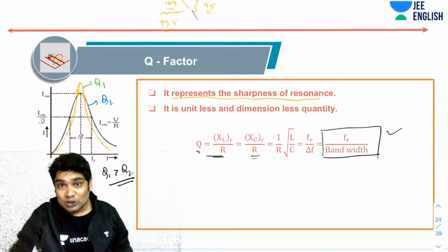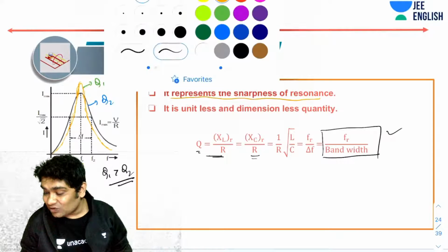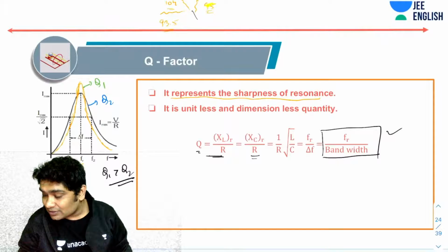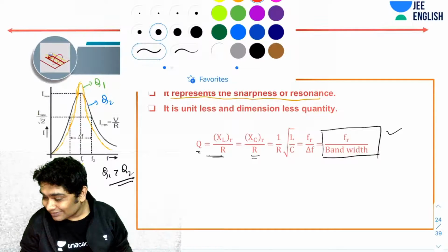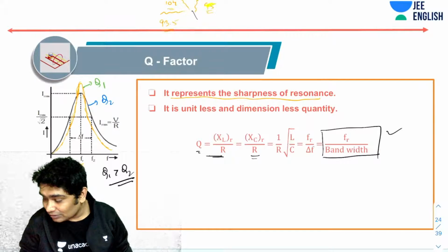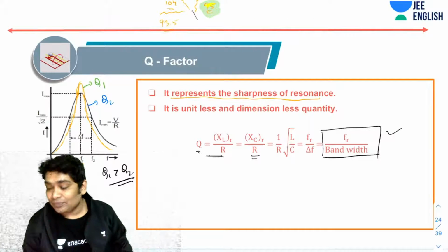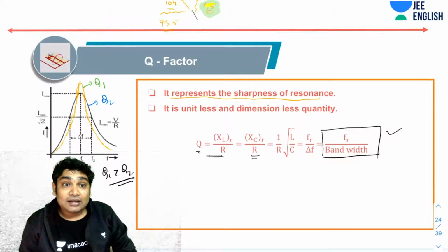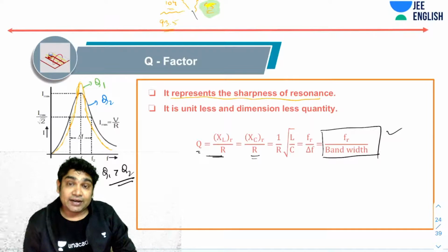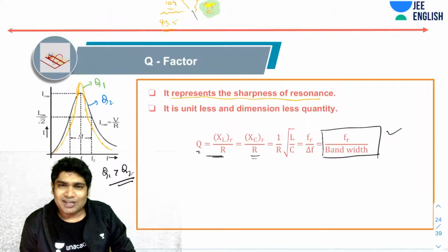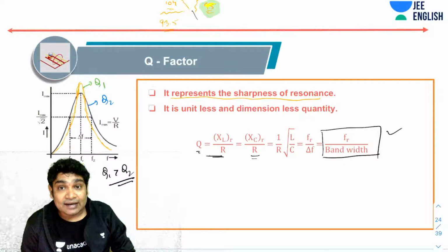Suppose my circuit is in resonance with this frequency. If I adjust my resonant frequency to, let's say, 95, then the current generated corresponding to the frequency of 95 megahertz would be the highest because it is in resonance.